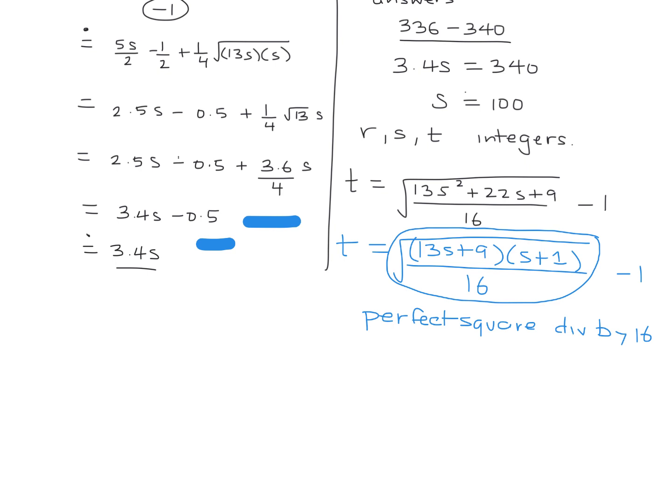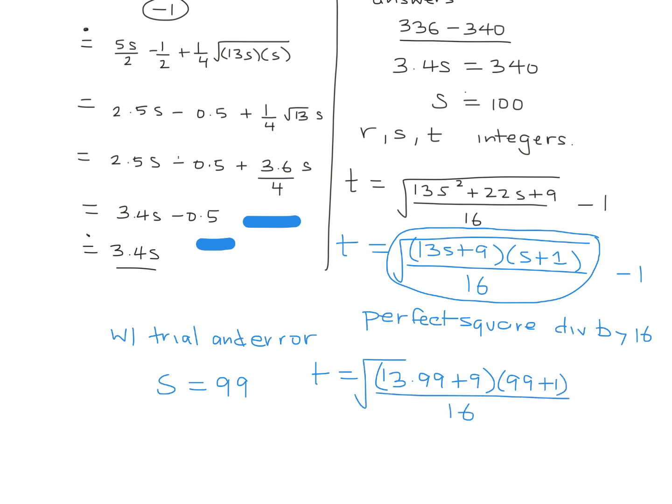And with some trial and error, you can hopefully arrive at the only value of s that works, which is 99. Because when you put 99 in there, you get 13 times 99 plus 9 times 99 plus 1 over 16, all root minus 1. This basically will be 1296 times 100 over 16, minus 1.